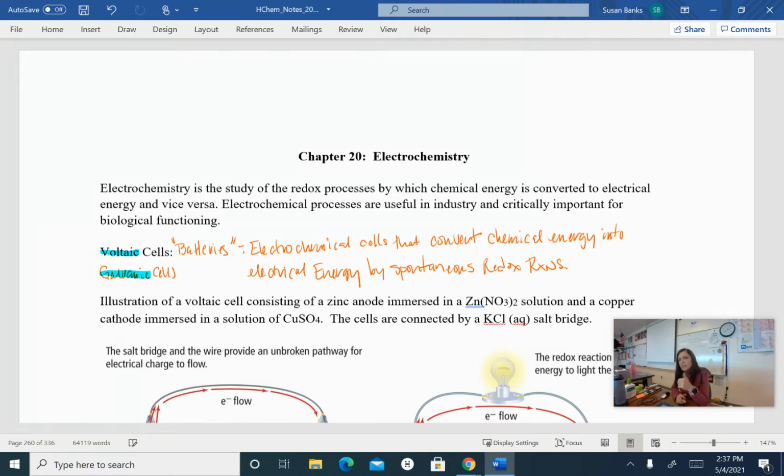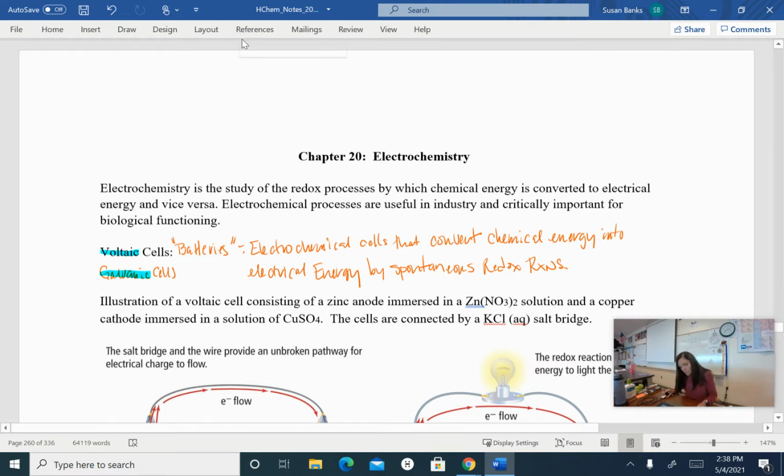He realized that if he got zapped by that electrical charge, it made his muscles contract. So he actually took frogs and put these electrical currents across the dead frog legs and could get the frog legs to contract and move. So both of the pioneers of electrochemistry were about the 1850s, 1840s in Italy. Alessandro Volta and Luigi Galvani.